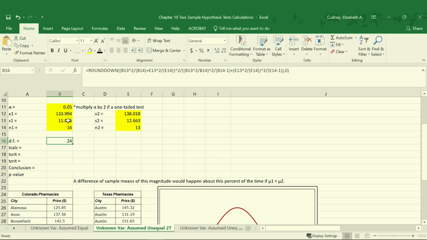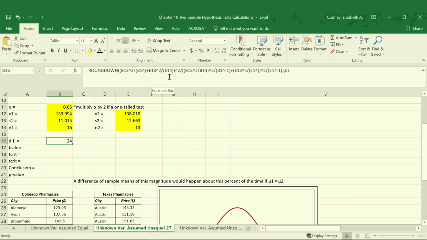So we're going to round down based off of our standard deviation for Colorado pharmacies, which is given in cell B13, that value squared, divided by B14, which is our sample size for the Colorado pharmacies, plus E13, which is our standard deviation for the Texas pharmacies squared, gives us our variance, divided by our sample size for the Texas pharmacies.